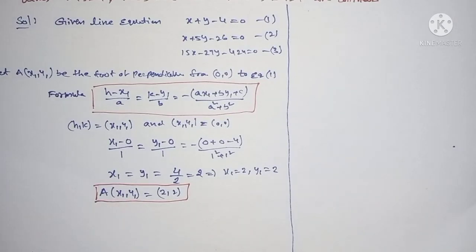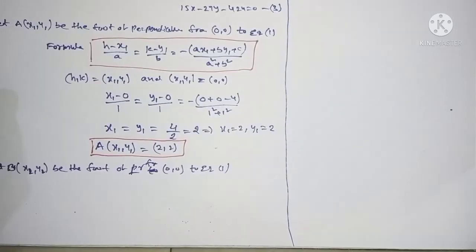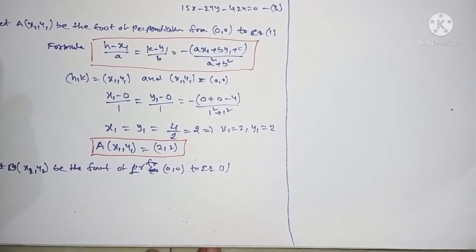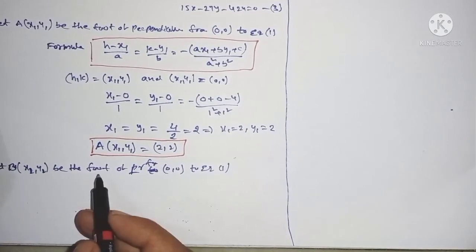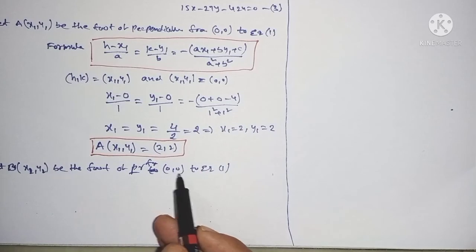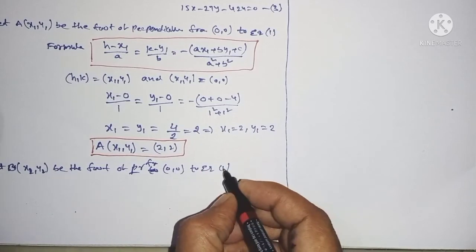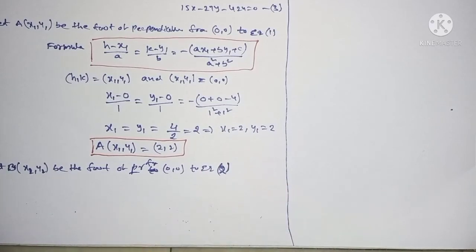How can you find it? You can observe here. Next, let B, x2 comma y2, be the foot of the perpendicular from 0 0 to equation number 2.